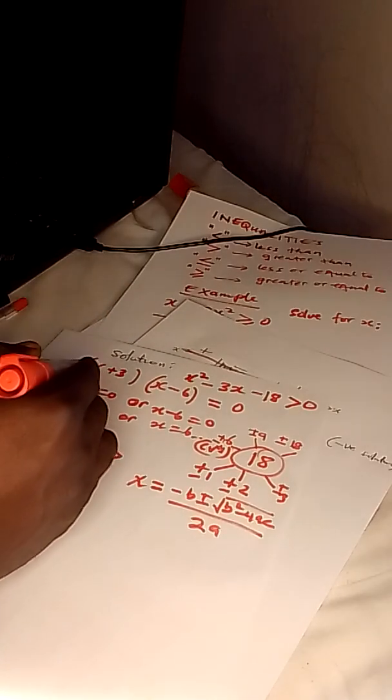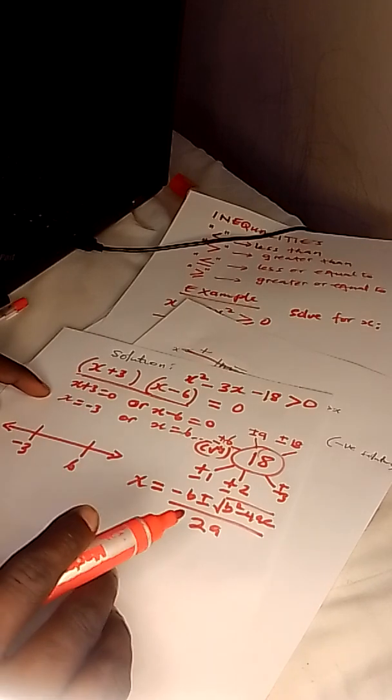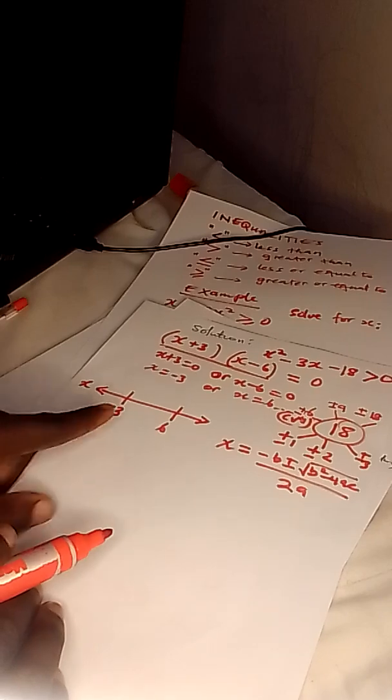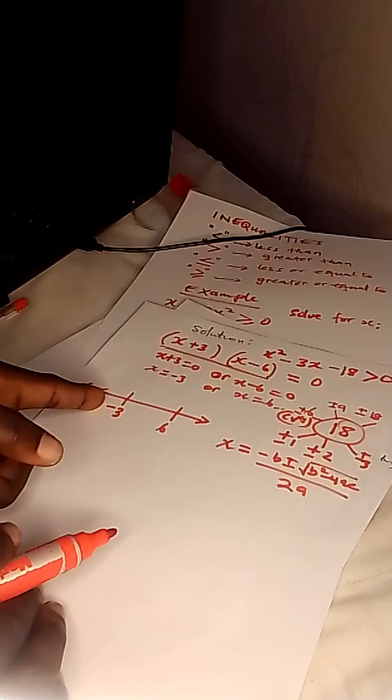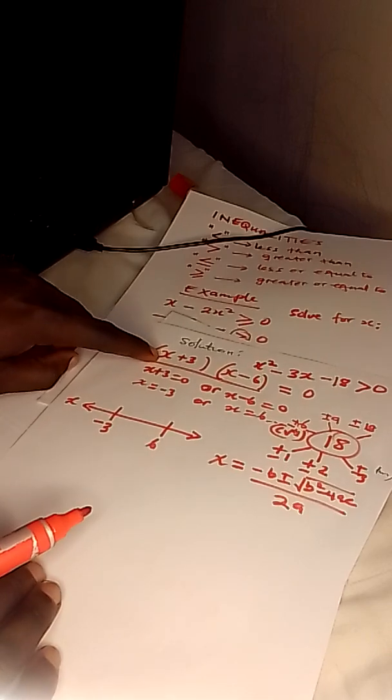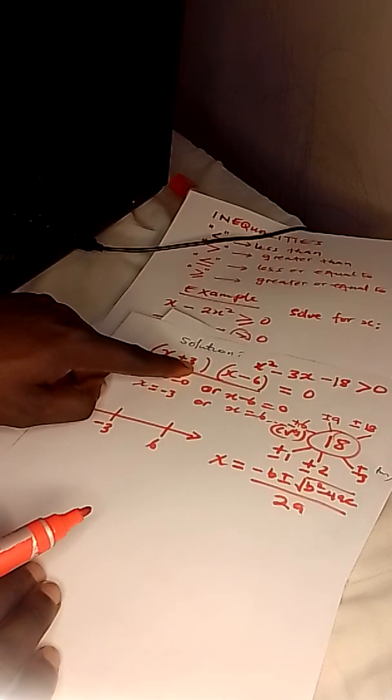When I look at the factors, I'm going to substitute any given numbers for x. Let me pick a number on the left from minus 3 to the left. So if I have minus 3 and I'm moving to the left, I can pick minus 4. If I substitute minus 4 in place of x, minus 4 plus 3 gives me minus 1. Keep it.